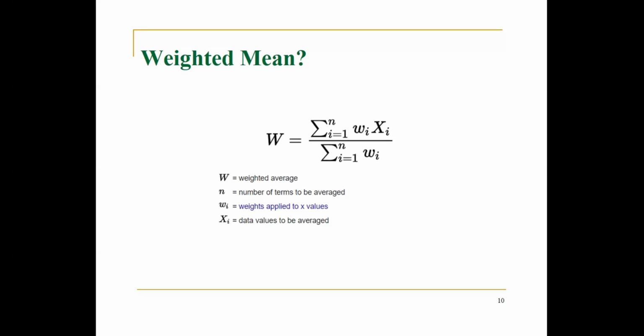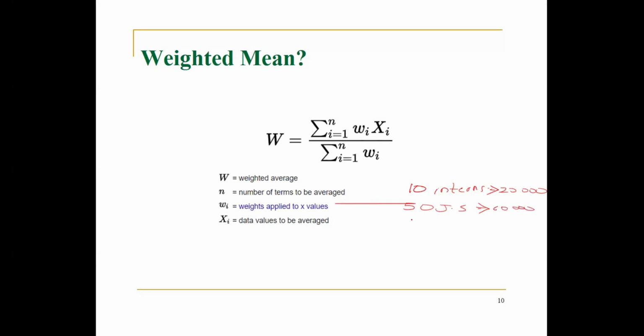So in our salary example, let's say in our company we have 10 interns, and their salary is 20,000. Then 50 junior staff, let's say their salary is 60,000.